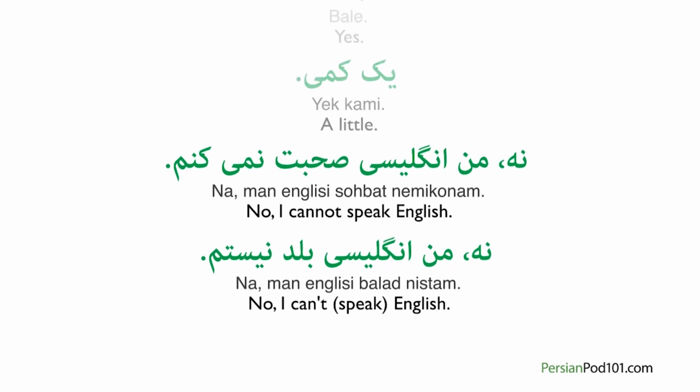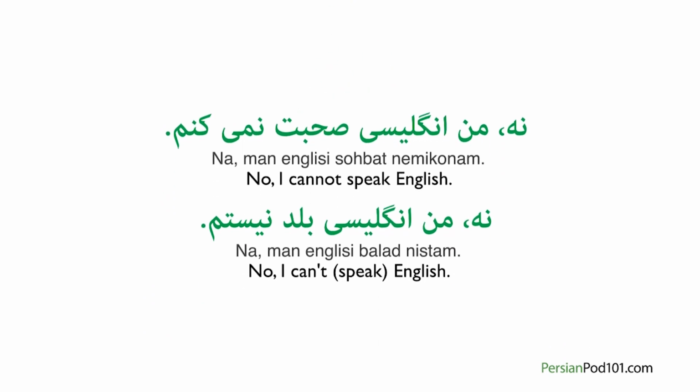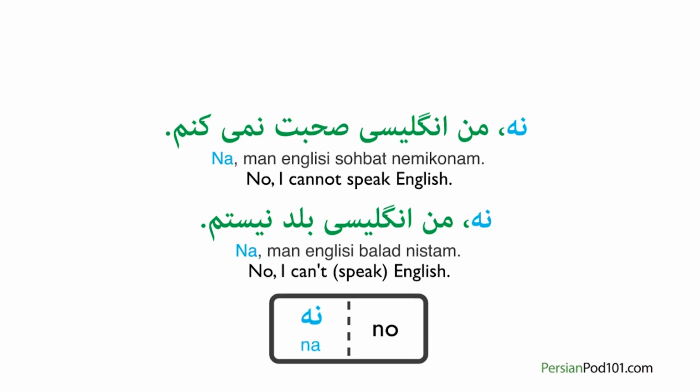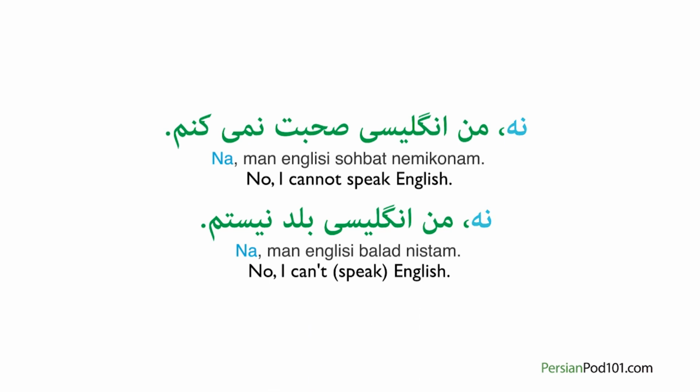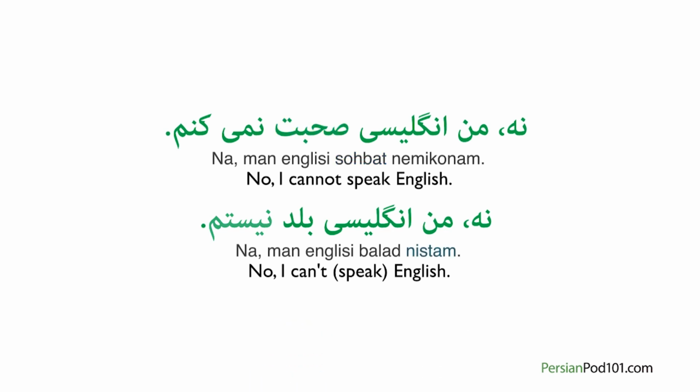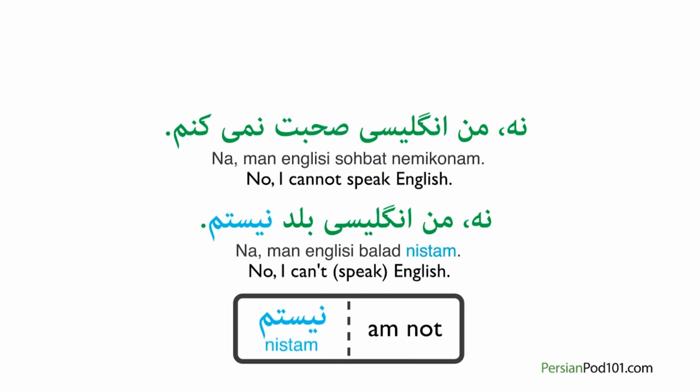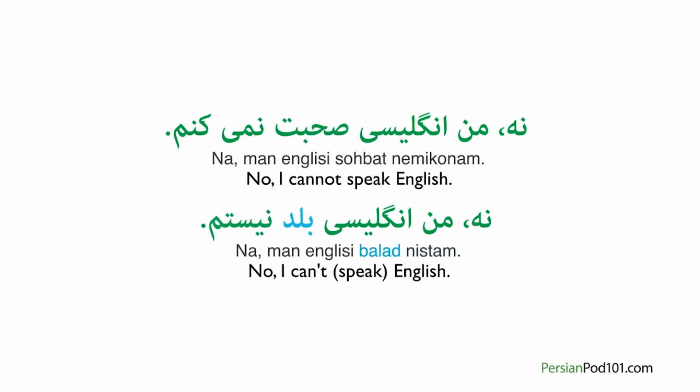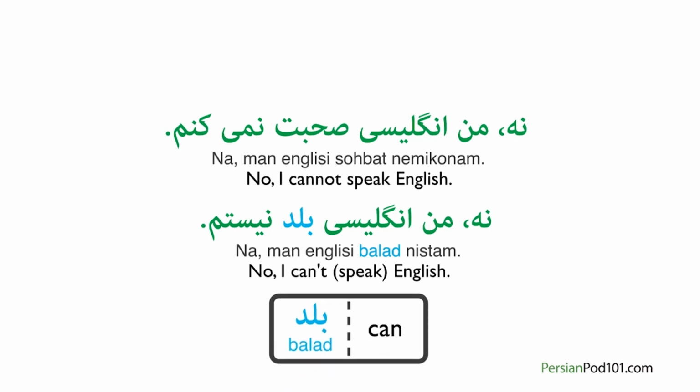Since this last example is a negative reply to a yes or no question, we need to say na, meaning no, at the beginning of the sentence. We also said nemi konam, meaning don't, after the verb sohbat, meaning talk or speak, or nistam, meaning am not, after the verb balad, meaning can.